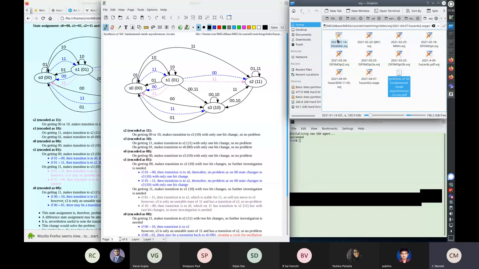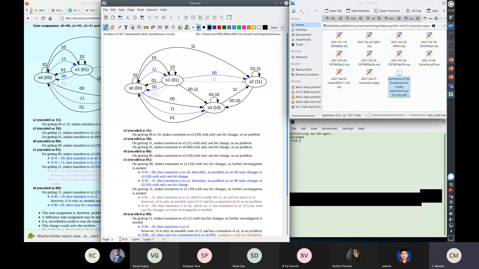So here, what he wanted was that on 0 1, you wanted this transition to happen from here to here.